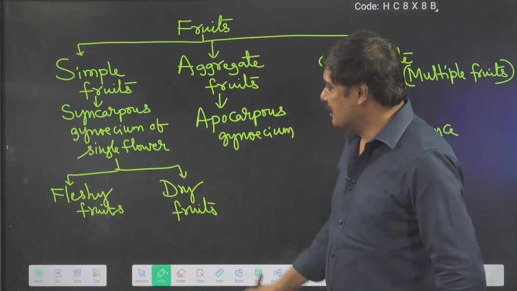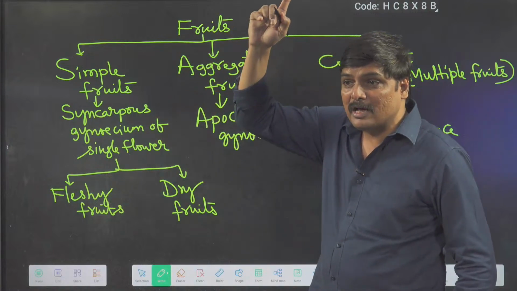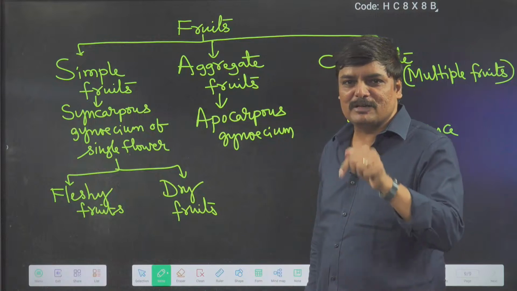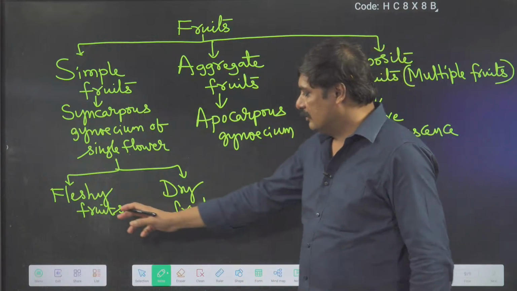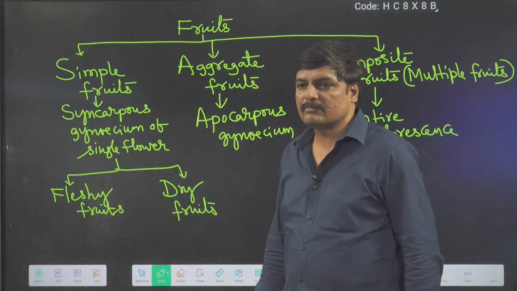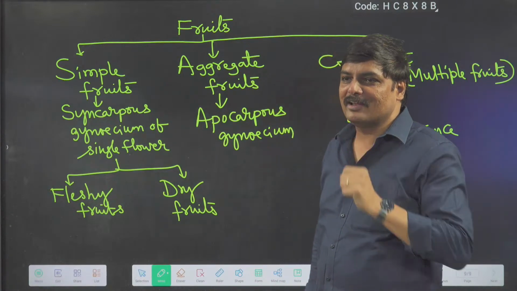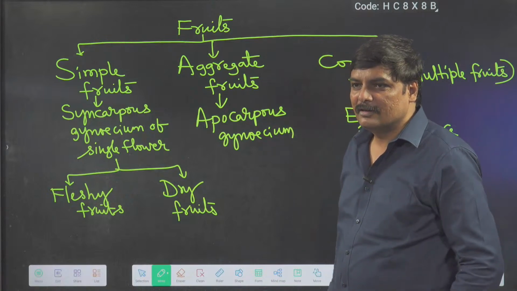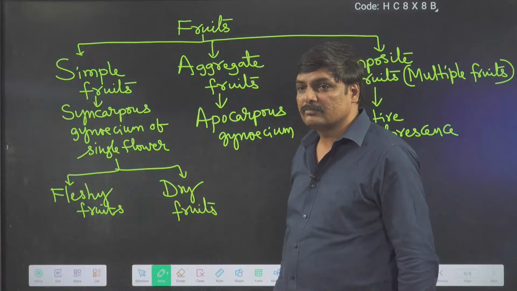Simple fruits are divided into two types based on the nature of the pericarp. If the pericarp is fleshy, those are called fleshy fruits. If the pericarp is dry, those are dry fruits, which you know very well.